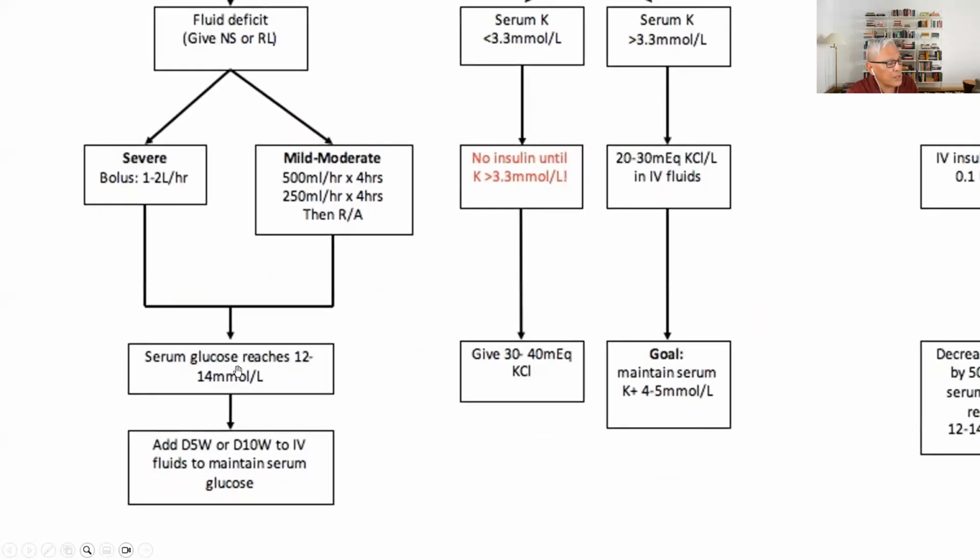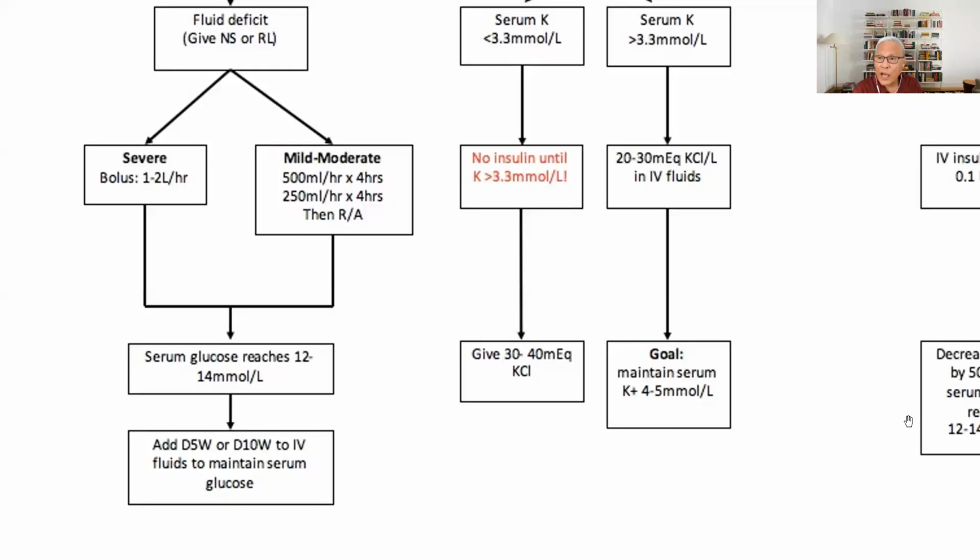And then once the serum reaches around 12 to 14 milliosmoles, we're going to switch to D5W. And you're going to say, but Dr. Tom, this patient had a very, very high glucose. Why in the world would you give more dextrose once the patient's glucose is around 120 or 200 milligrams per deciliter?